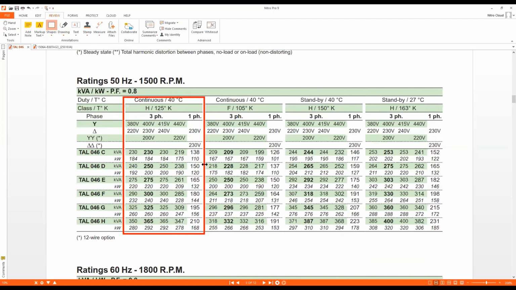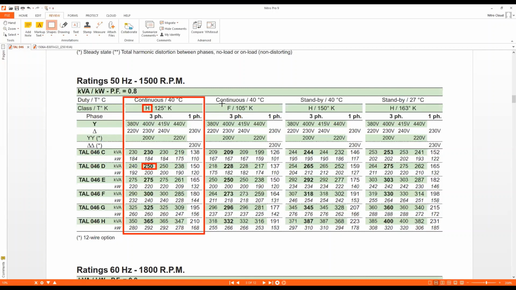But what this datasheet is telling me, for this same alternator, for example the 46D, is that my output, considering a temperature rise class H with no thermal reserve, remember, pushing it to its limits, is 250 kVA.